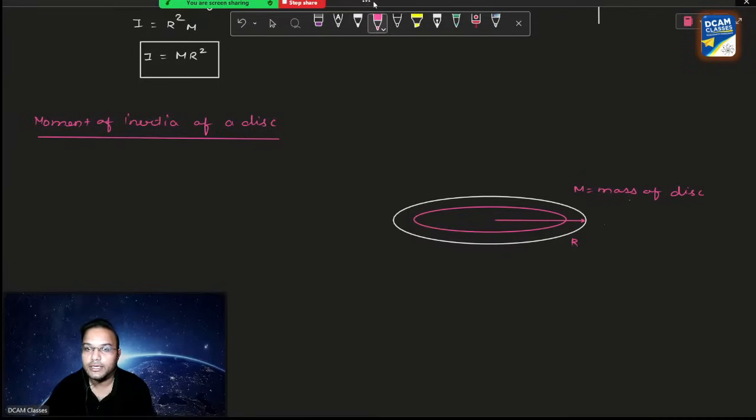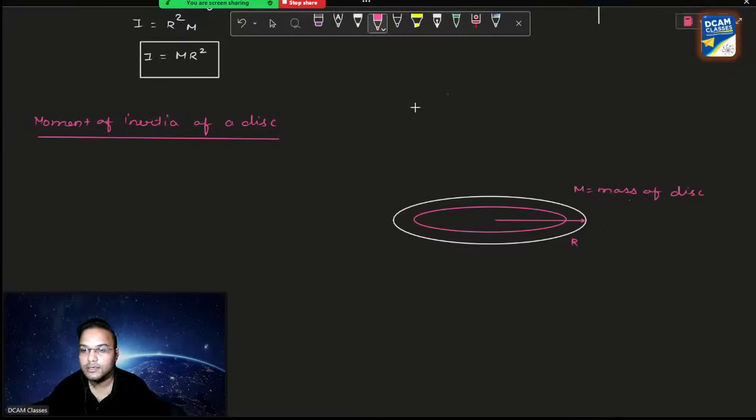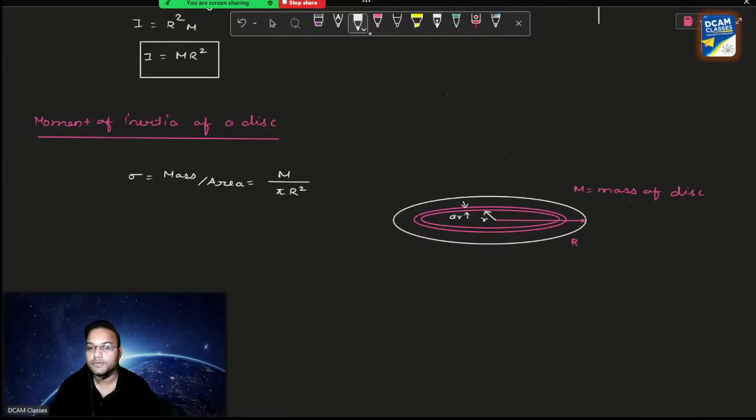See, let me show you. Let me draw the ring first. This is the ring. If you take its radius as small r and its thickness as dr, the mass of this whole disk is capital M. So mass per unit area, sigma, will be M by pi R square.